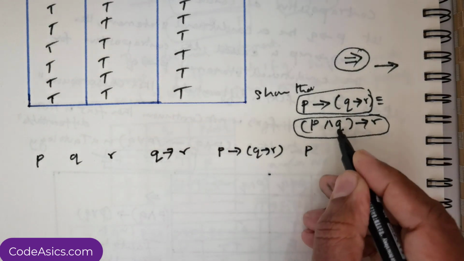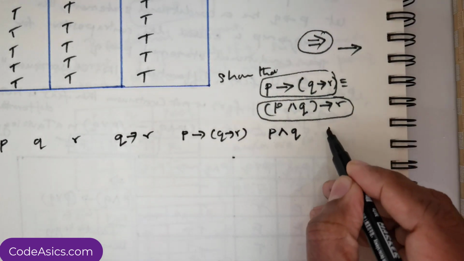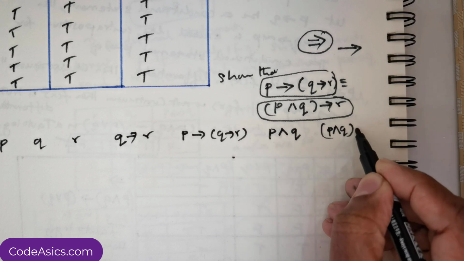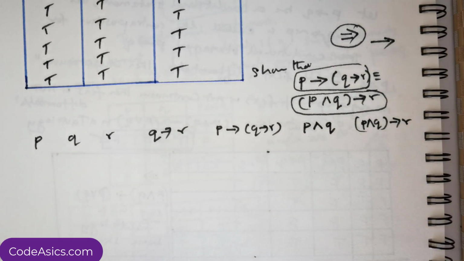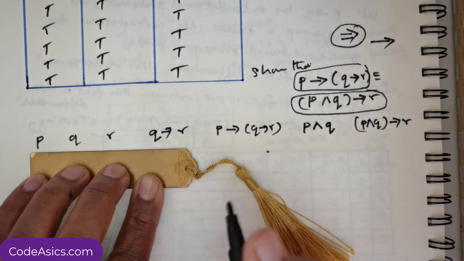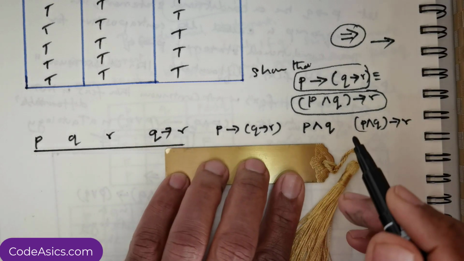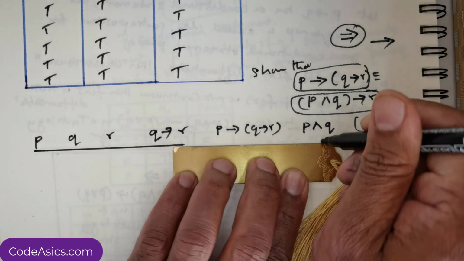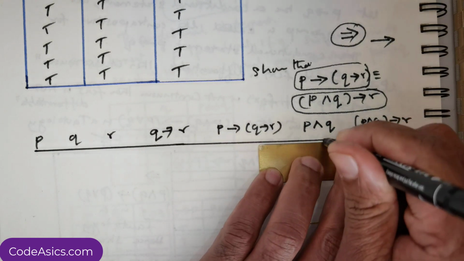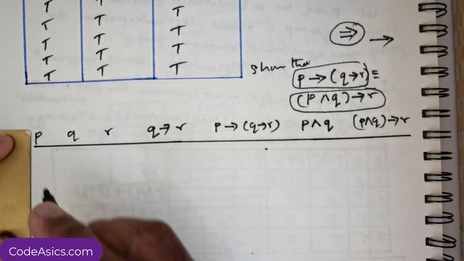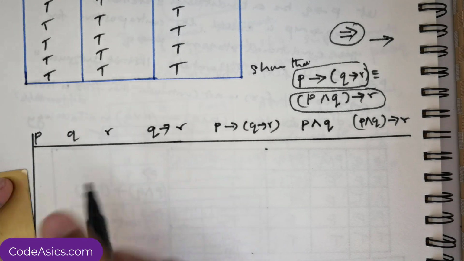Then you have a conjunction, P conjunction Q. And then you have P conjunction Q conditional R. It looks daunting, but it's easy. It appears to be difficult, but believe me, with the tip I've given you, you can break through any logic question. It wouldn't be difficult at all. So let me draw the bare minimum table.